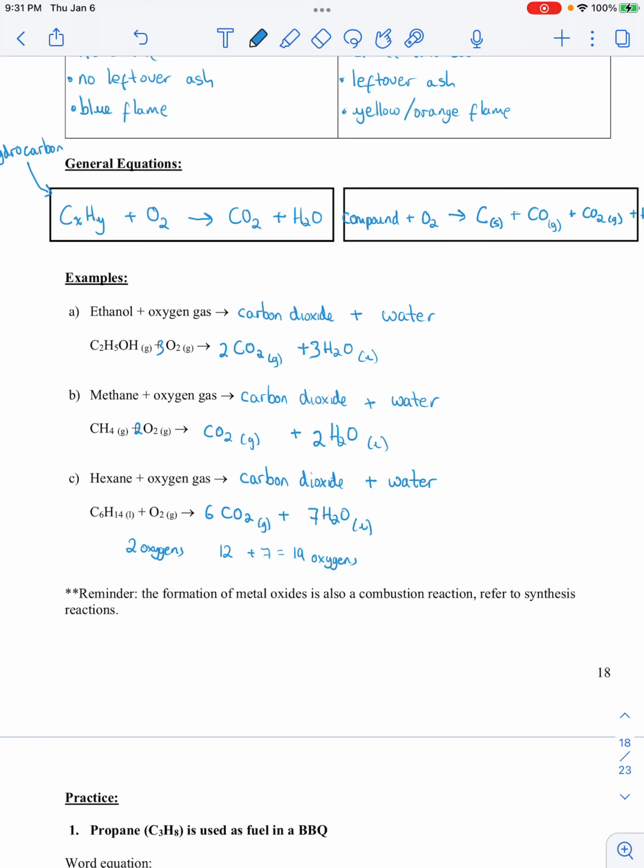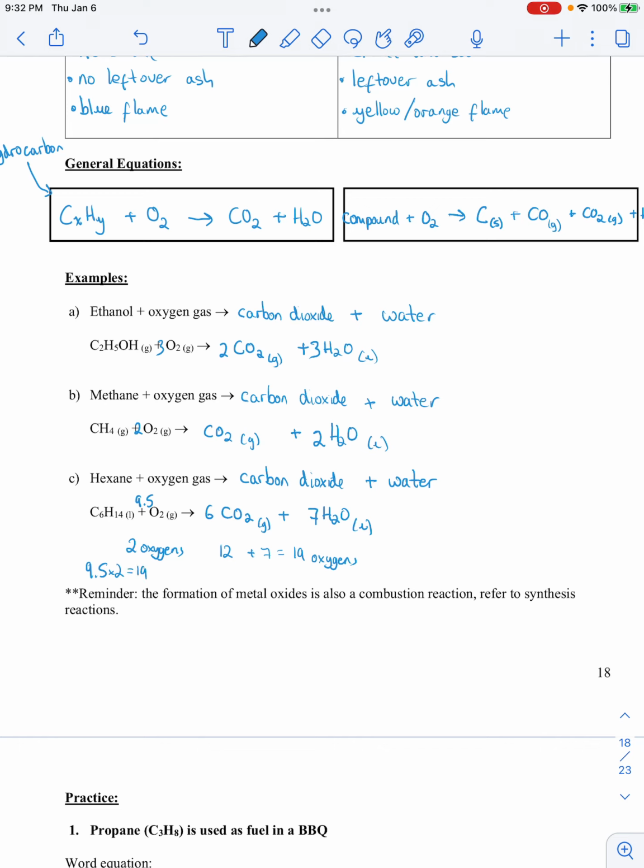If I put a 9, that's going to give me 18. So I need to go in between. In front of my oxygen, I almost want to put a 9.5, because 9.5 times 2 equals 19. So that would balance it.